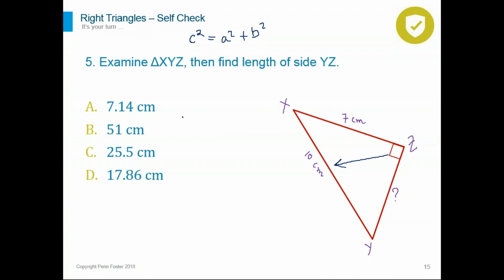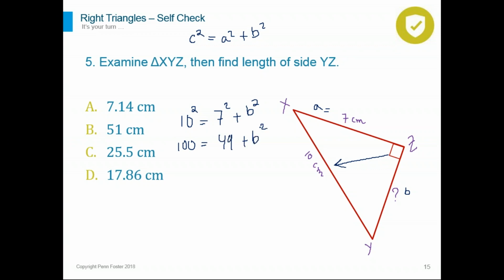So I'm going to use the formula. 10 squared should equal a squared plus b squared. Let's call this a and this b. You can switch. So a squared is 7 squared plus the unknown variable squared. 10 squared again is 100, equals 7 squared, 7 times 7 is 49, plus b squared.